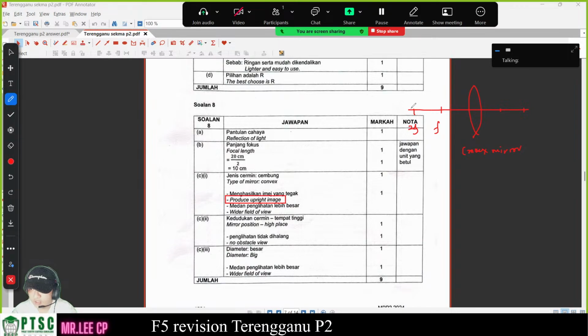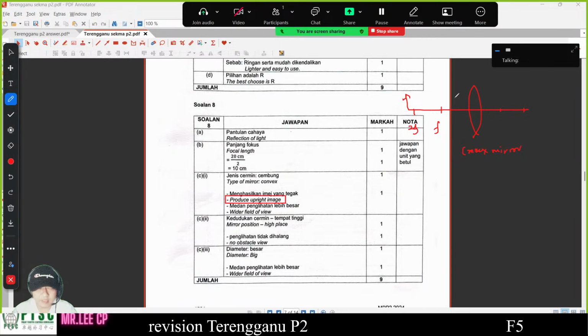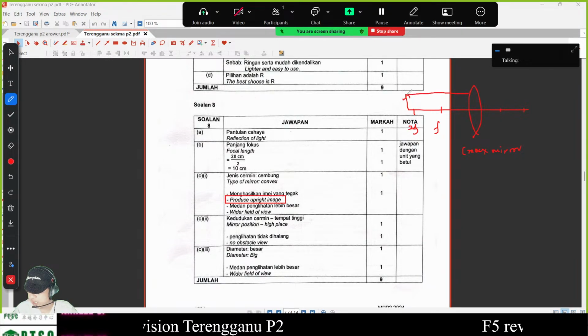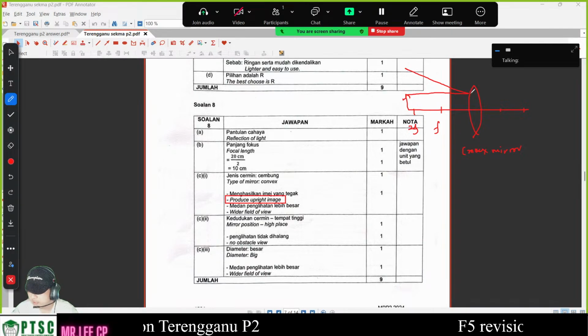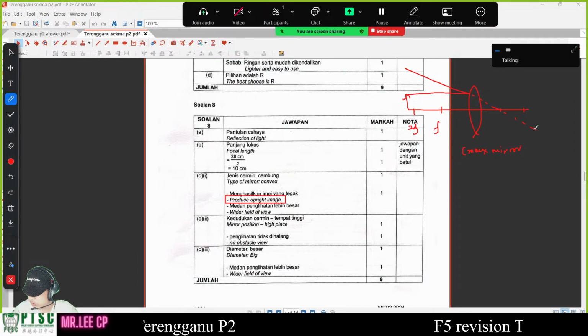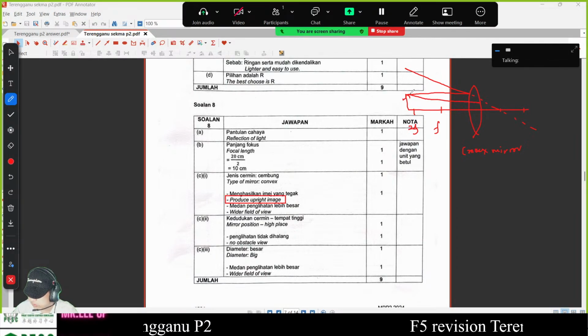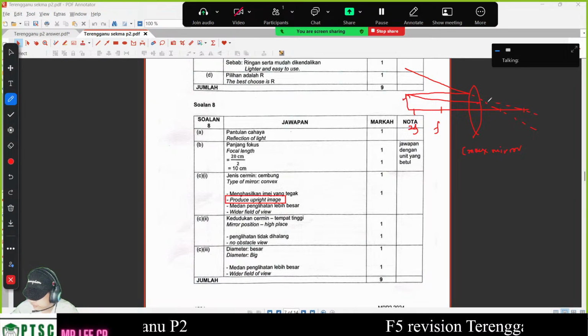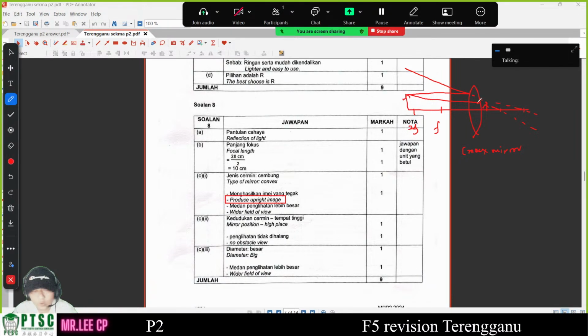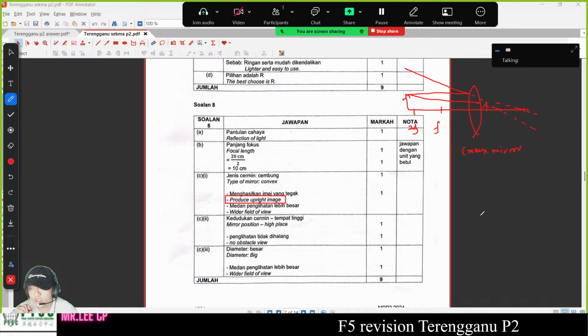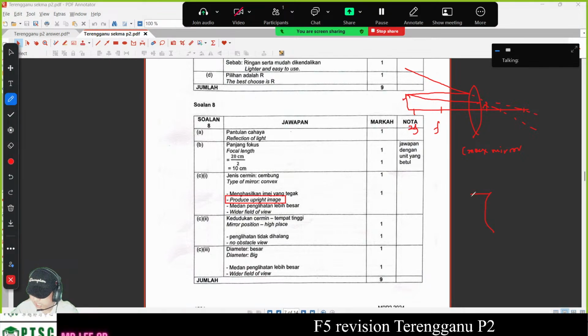No matter where you are, let's say my object is from here, it comes to here, then this one goes through the F, and this one goes through the C. So the image is always upright, unlike the concave mirror.